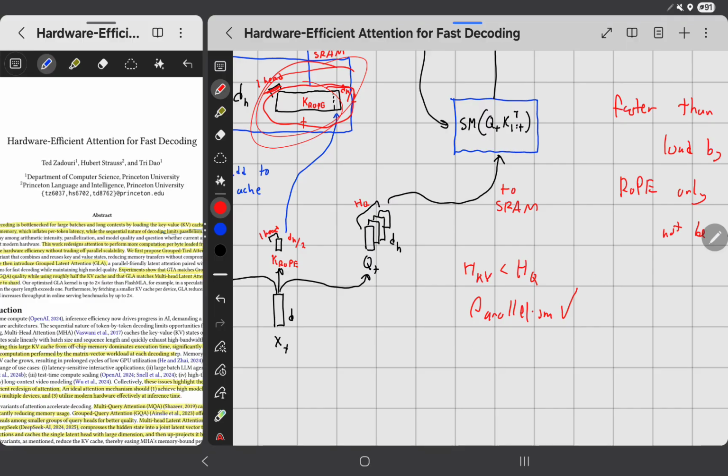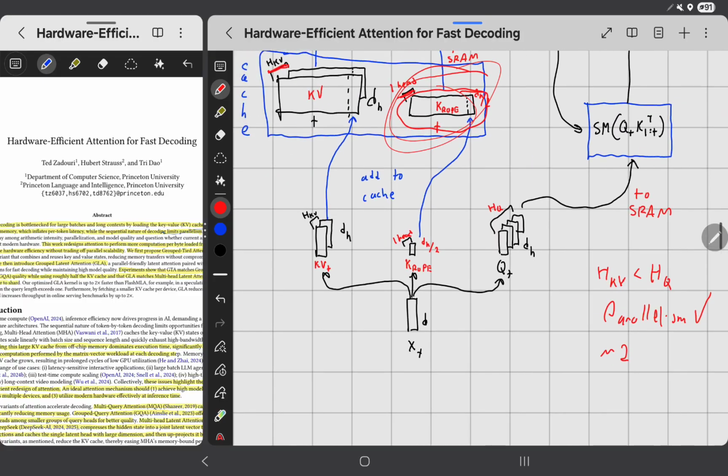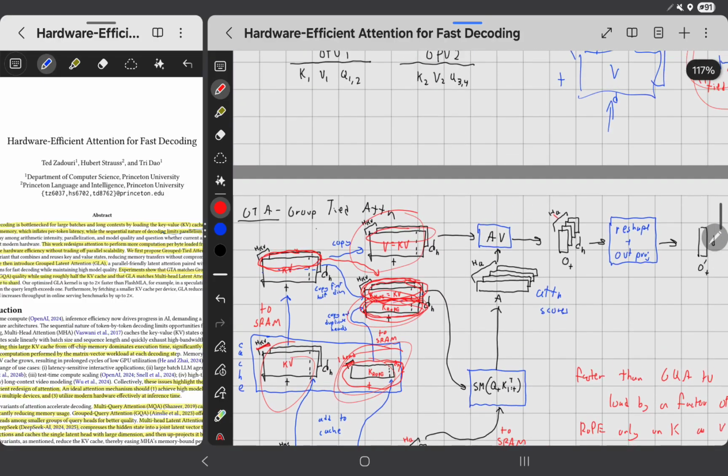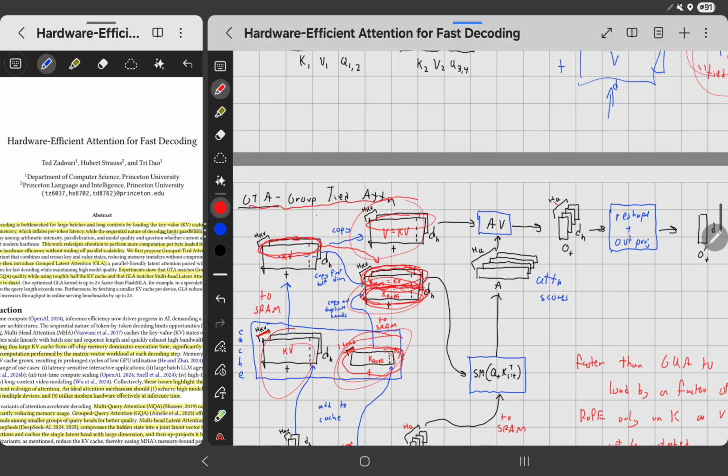And now you get a second speed up by about a factor of 2 because you tie your keys and values together. So this is what they call GTA, group tied attention, and this is the first thing they propose. Basically, you want this to be about as good as attention, but a lot faster. And we'll see it is later.